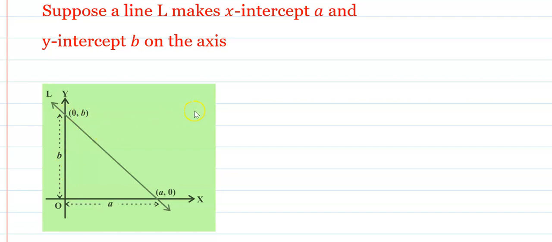Now, what will be the equation of that line? Now we know two points of that line, so you can find out the slope of the line. Which are the two points? (0, b) is one point, and another point is (a, 0). These are x1, y1, x2, and y2.